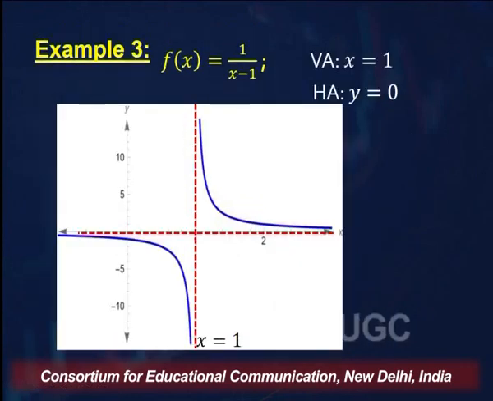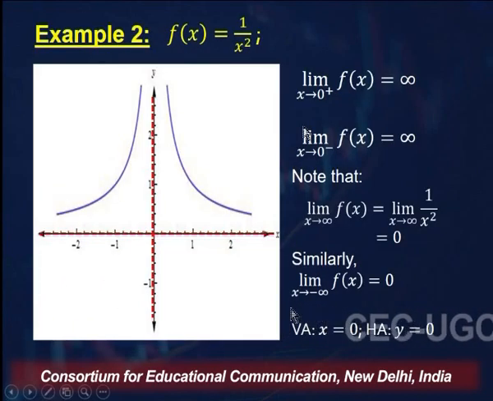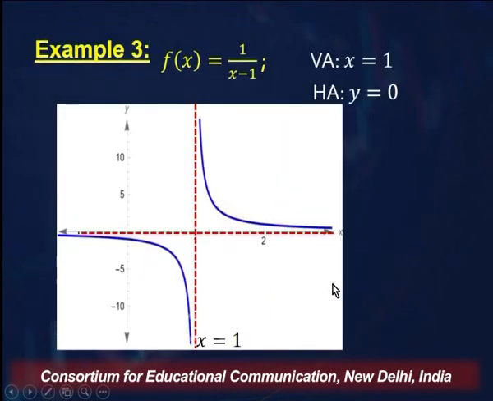Take this example where the function is 1 divided by x minus 1. This is also a simple example, by the way. So let me go back one slide again. Here you should have also reported no oblique asymptote. Okay. In this case also, you'll have to report no oblique asymptote. You have a vertical asymptote here at x equal to 1.